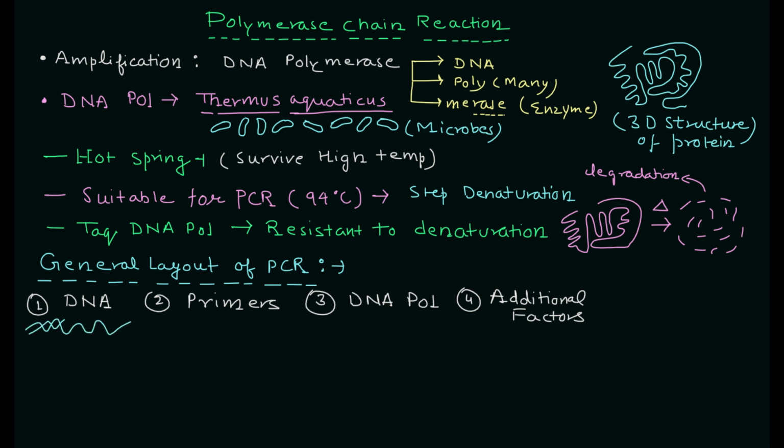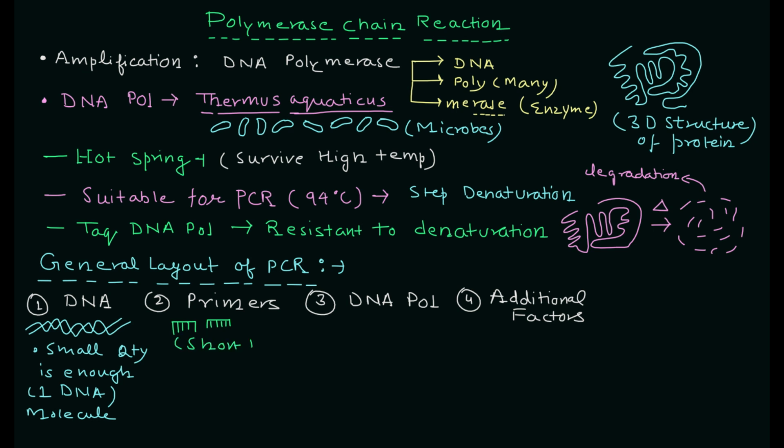So we'll start with the DNA. DNA is nothing but the double-stranded DNA molecule in this case, and a very, very small quantity is good enough. Even one DNA molecule is good enough for the polymerase chain reaction. You might have to increase the cycles, but if you amplify, you can repeat your cycles. Next is primers.